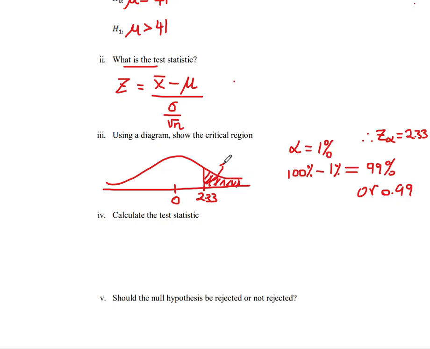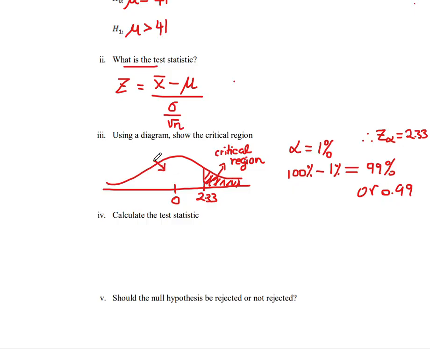Now this area to the right that I have shaded is the critical region, otherwise called the rejection region. Any value falling in this critical region that is derived from the computation of the test statistic will lead to us rejecting the null hypothesis.